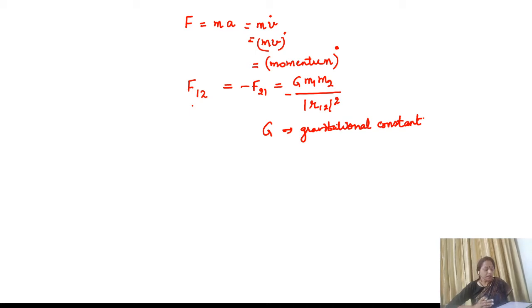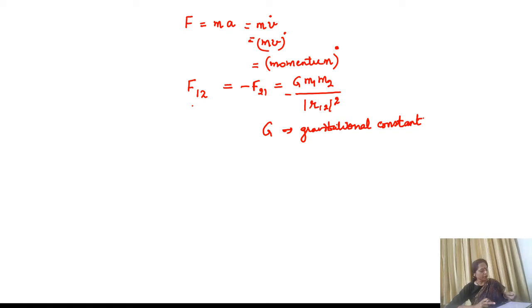Here G is the universal constant of gravitation, and it is clear from this expression that as the distance between the two particles will increase, the force of gravitation will decrease.